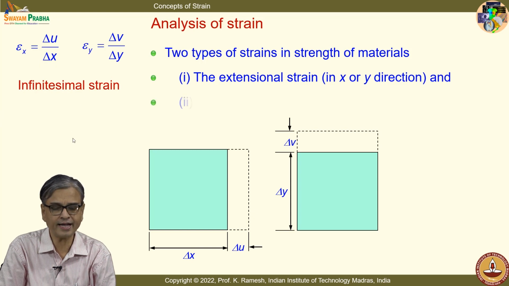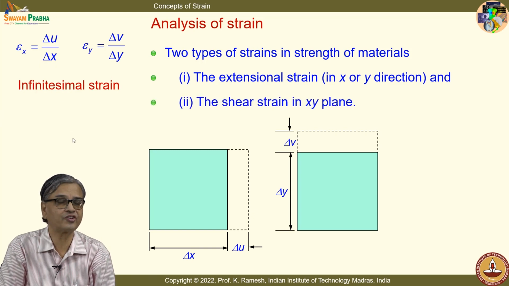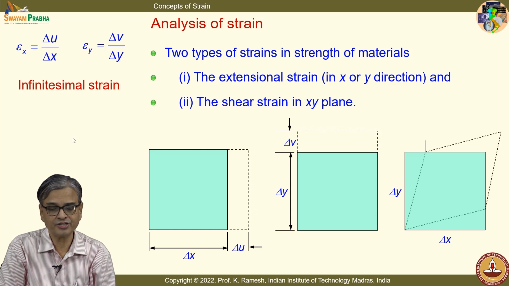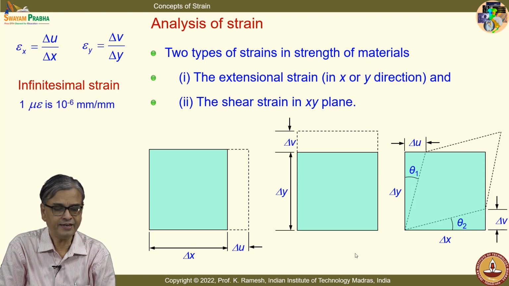And you also have a shear strain. A shear strain, we will also look at the definition a little while later. It is a change in the initial rectangle. So, I have this edge rotated like this, this edge rotated like this, and that is what we have in the next slide. Fine.